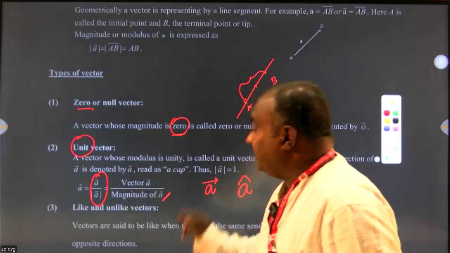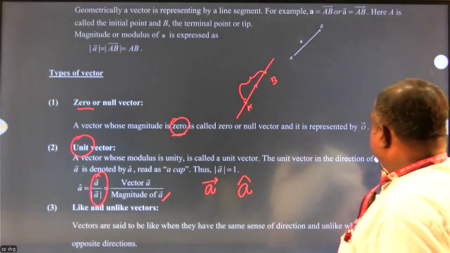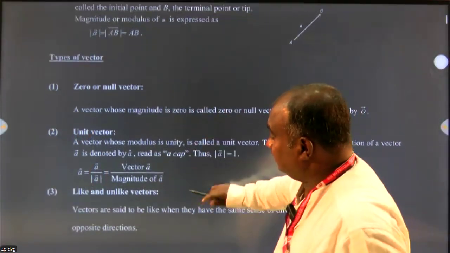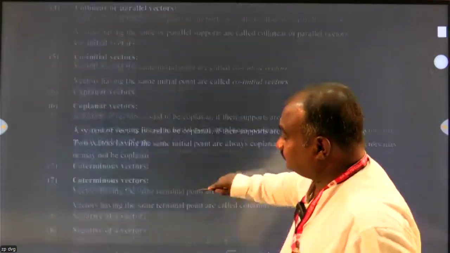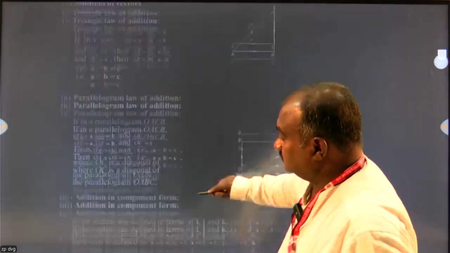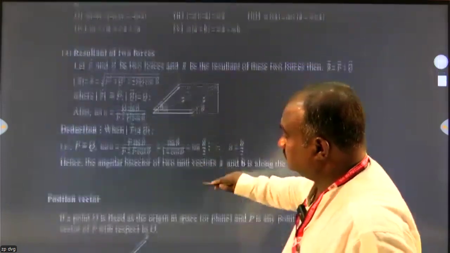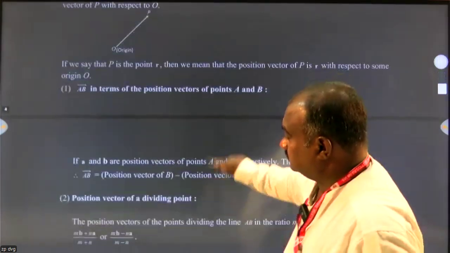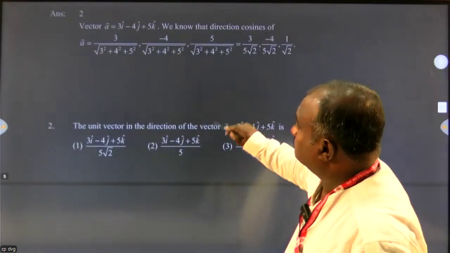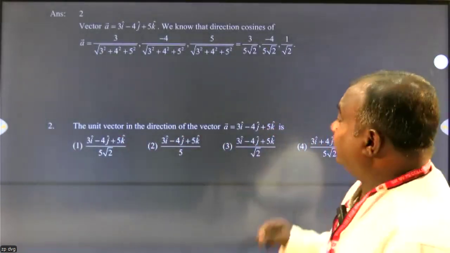This is called the unit vector. Mainly, questions are asked on this concept only. Observe what type of question is asked: the unit vector in the direction of A bar.